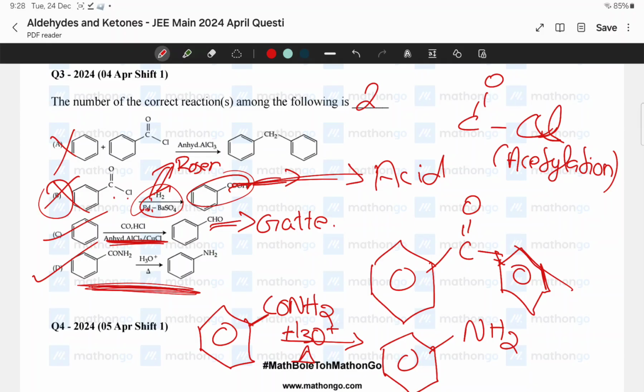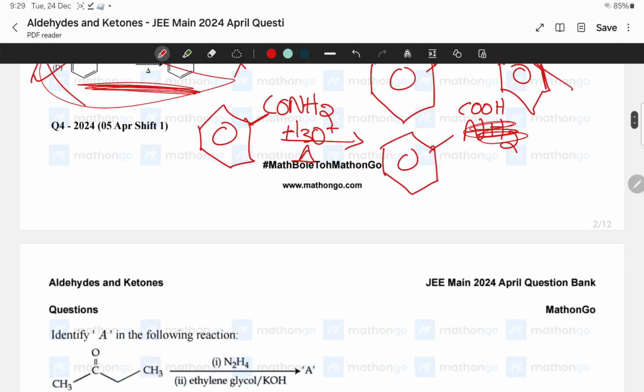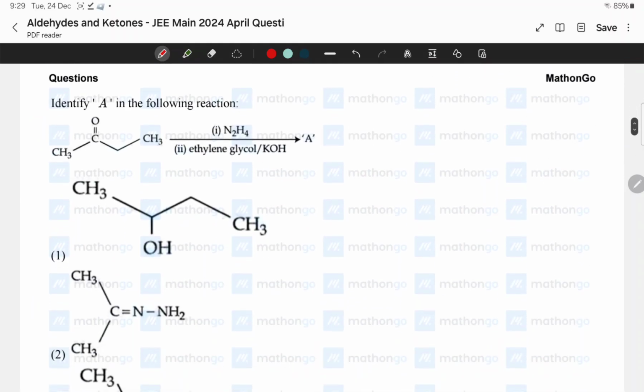Sorry, look, the reaction D is really wrong, because if we hydrolyze amide, we get carboxylic acid, not amine. So only one reaction is correct among the following.